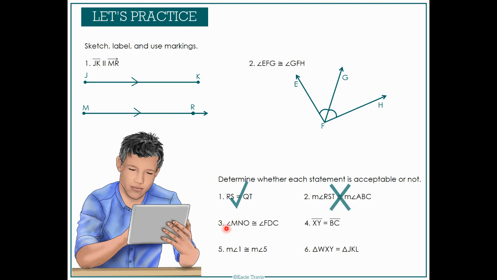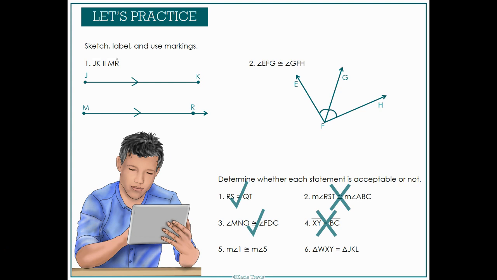All right, for our next one, this is how you would write that. So angle MNO is congruent to FDC. They have the congruent symbol. There's no M's in front of our angle symbol. It is all good and gravy over here. Next one we have segment XY is equal to segment BC. This one would not be correct. This is actually giving equal. So if we're talking about equal, you do not have to include the symbol on top of it.